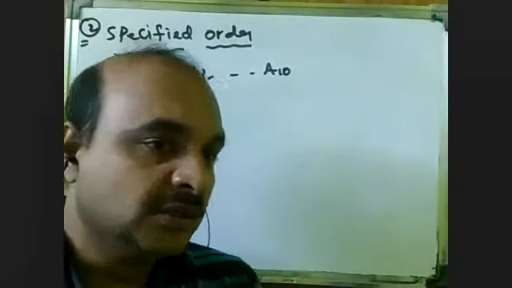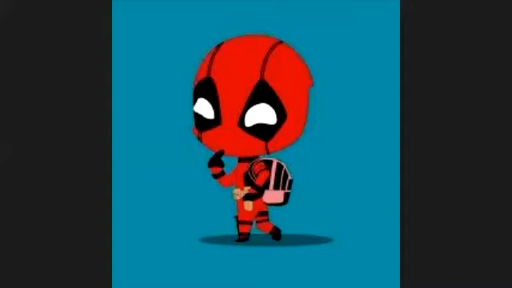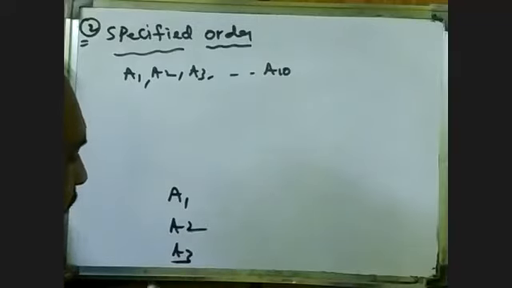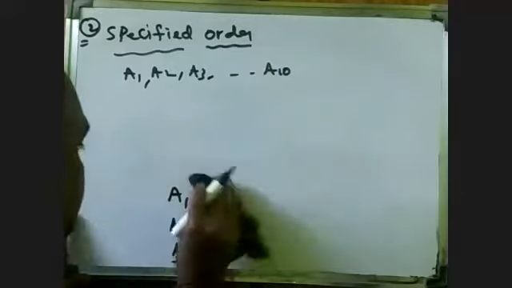I want to arrange in such a way that the rank of A1 is always above A2, and the rank of A2 is always above A3. So what do you mean by this? Let me explain.